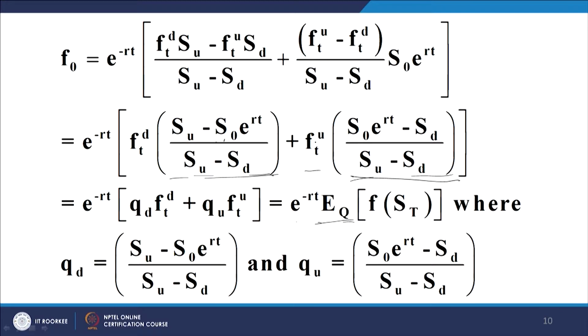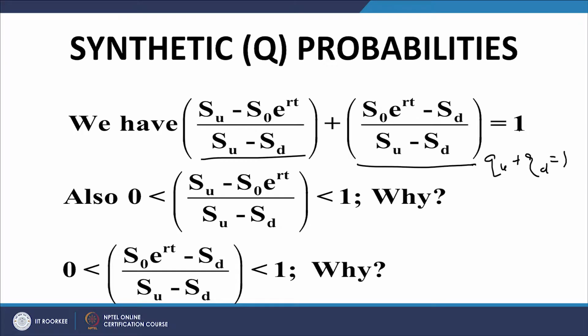So, we have fd qd plus fu qu. Now, if you look at this carefully, this is very obvious. The S0 e to the power rT terms cancel, we get Su minus Sd over Su minus Sd, that gives us 1. So, we have qu plus qd is equal to 1. That is the first expression.